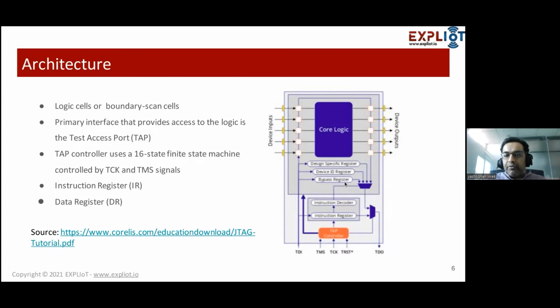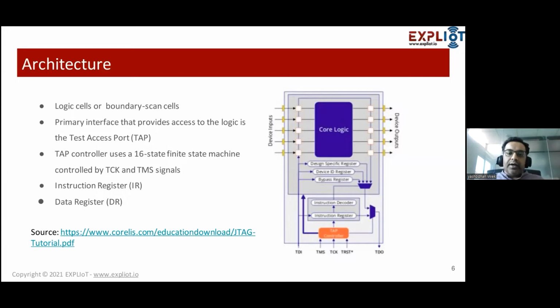Here, if you observe, you have an input and an output part, and in between we have the core logic. This means we have the decoder and the registers, where you need to decode the instructions, as well as a register for the data and the instructions. When you are programming something, the important thing is that you have data and you have instructions. So when you are trying to debug, these are the two critical parameters that you look for, and that's what this architecture looks into. We'll see in detail how that happens.